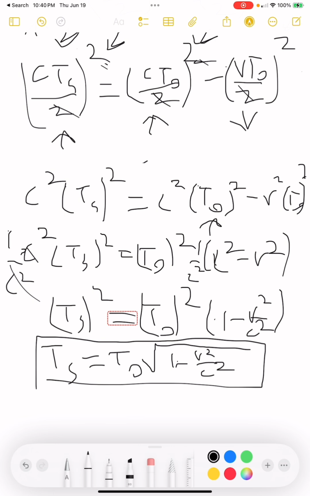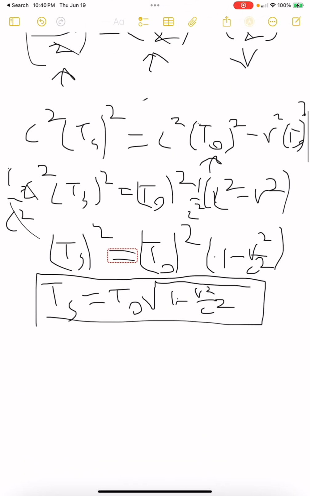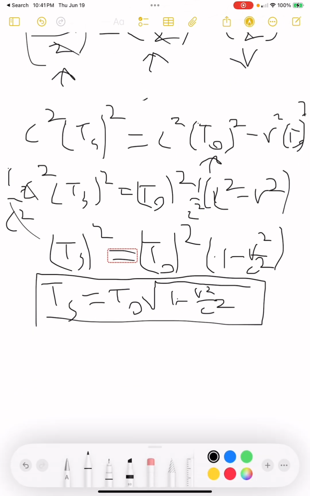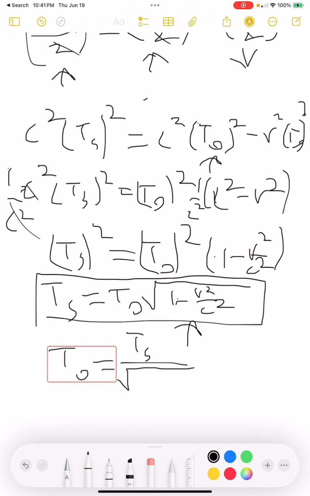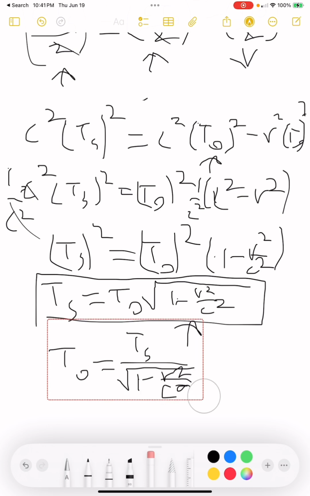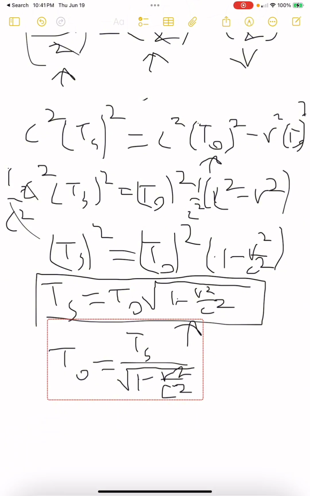Also, let's do a little extra proof. Let's divide both sides by this term right here. We'll get t of 0 to be t of s over the square root of 1 minus v squared over c squared. Wow, I just glitched out right there.